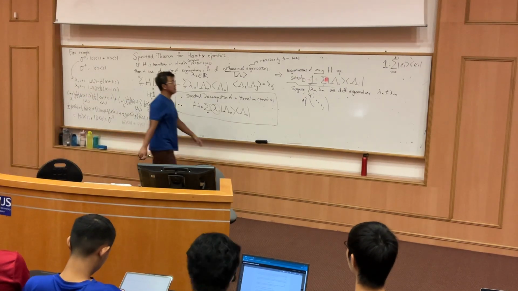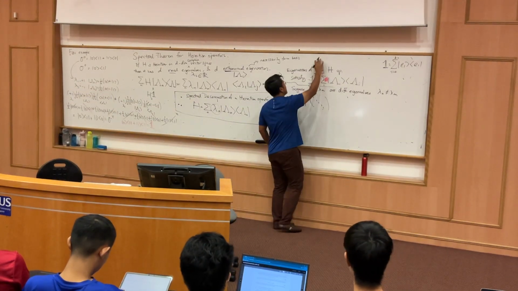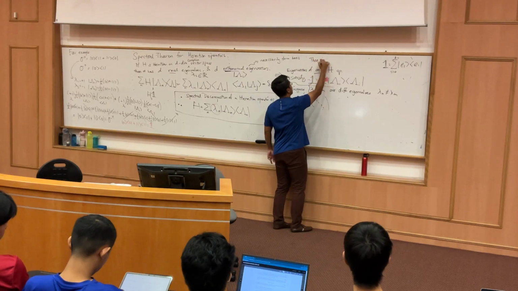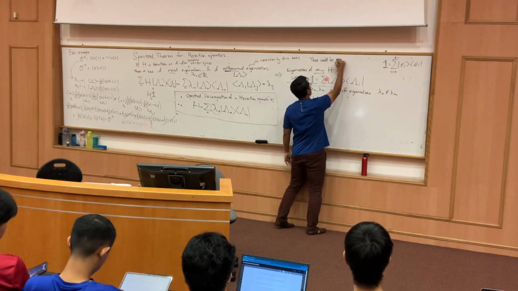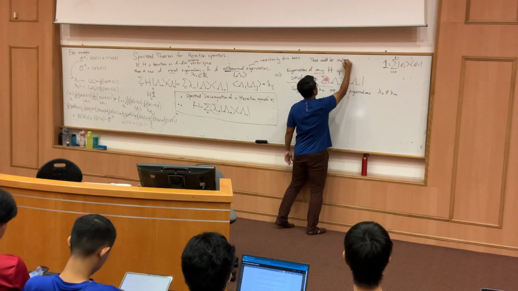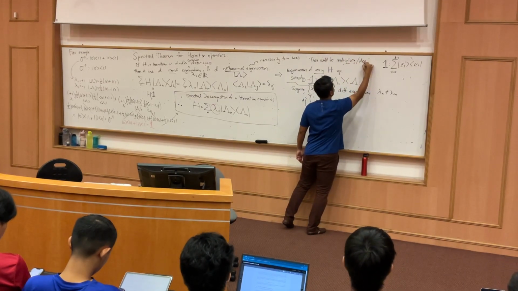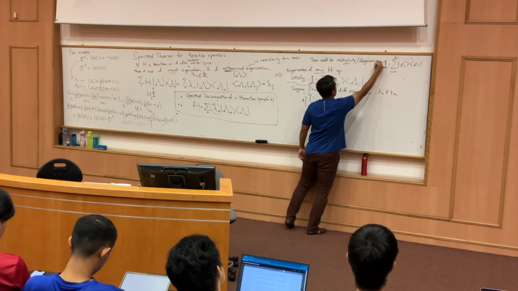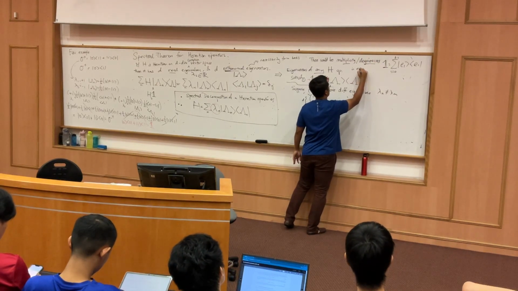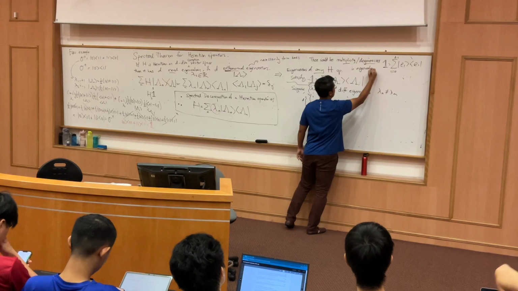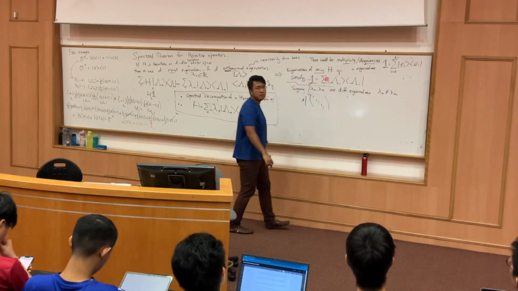So let me just state it. There could be multiplicity or degeneracies in the eigenvalues. It's just a fancy name to say that they could be repeated.